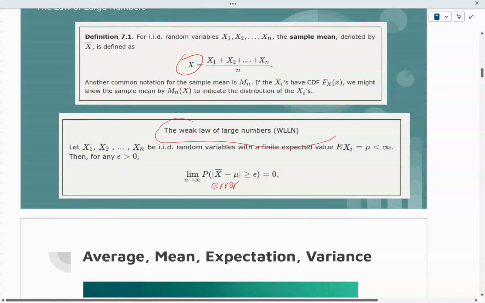The law of large numbers says that the probability that the error is bigger than some tiny number epsilon, a small number as long as it's not zero, is equal to zero as you increase the sample size towards infinity. So as you have more and more samples, the probability that the error will be big is essentially zero.